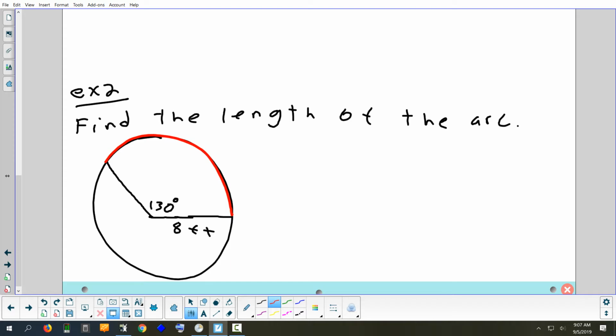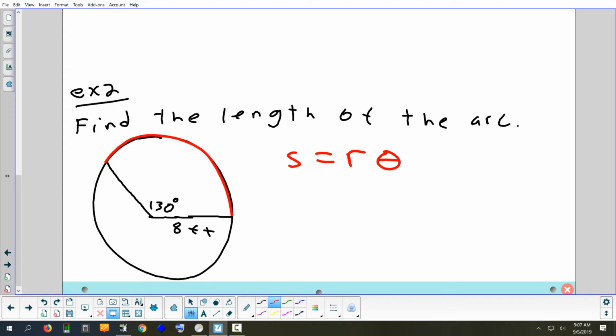Okay, so once we learn the last formula we're going to do today, then you're going to have to decide which formula to use because you're going to know two of them. Well, if it says find area, that's going to be a different formula. If it says find length of the arc, that's the S equals R theta. So I would always start just by writing down the formula you need.